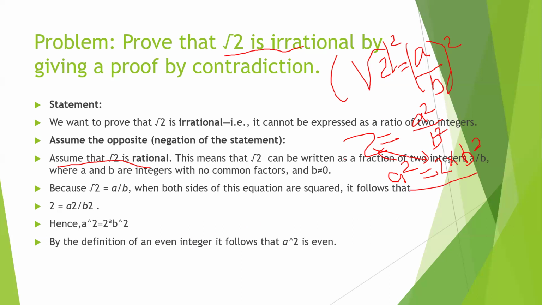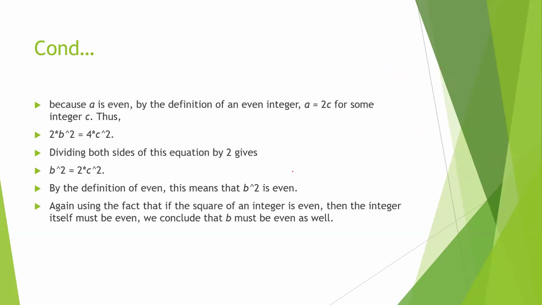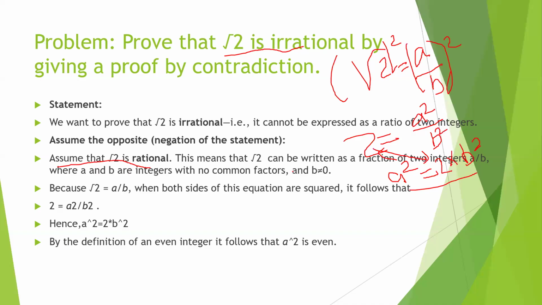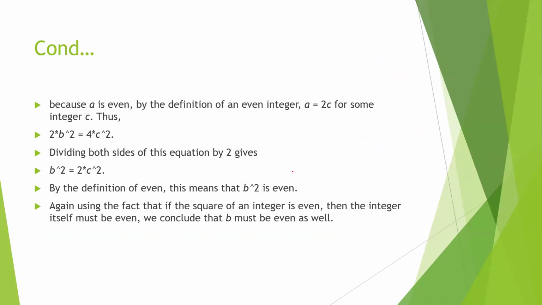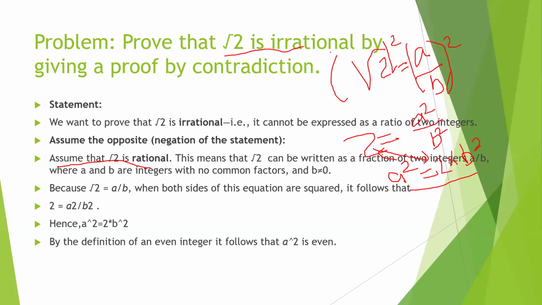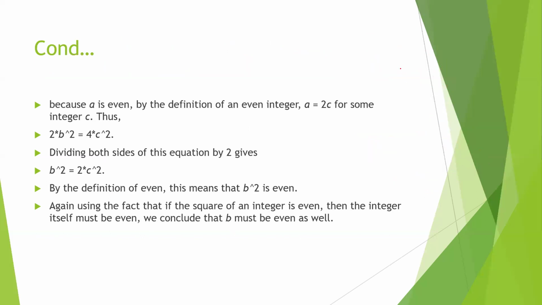So a square is an even number. By the definition of an integer, a square is an even number, so we can write a as 2c. Then a square means 4c square.